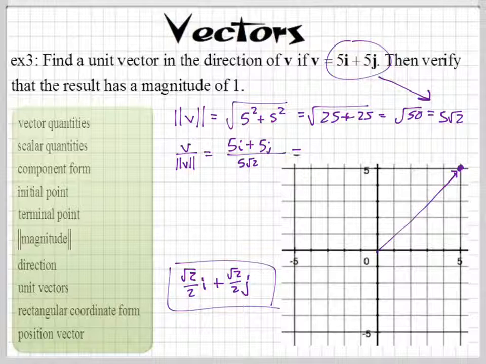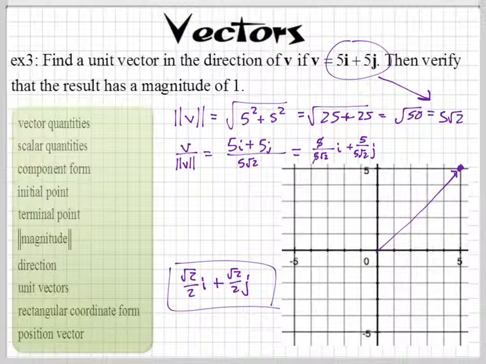So we're going to have 5 divided by 5 root 2 for the i, and the same thing over here for the j. The 5s would cancel out, so you'd have 1 and 1. And then you have 1 over root 2, which if you rationalize, would be root 2 over 2. And then we would get these guys right here.